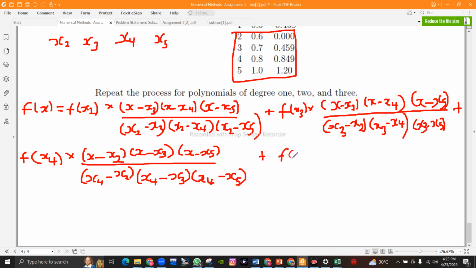Now you've been seeing the correlation among all of them, times x to subtract every other value apart from x5.